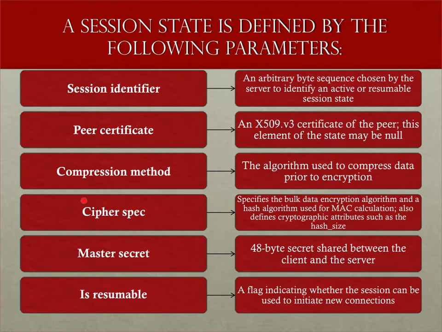Now, cipher spec is the actual algorithms that you will use for encryption, for MAC, message authentication codes, and for IVs. IVs are used, as we said before, as part of MAC for some protocols like HMAC or SMAC.